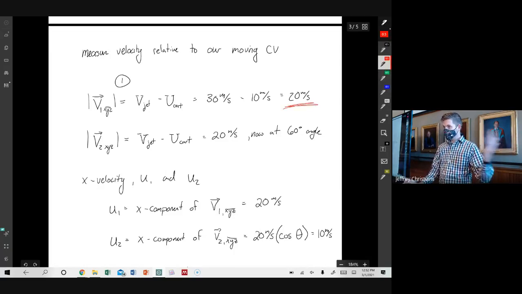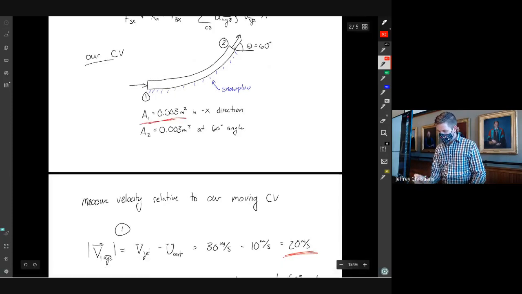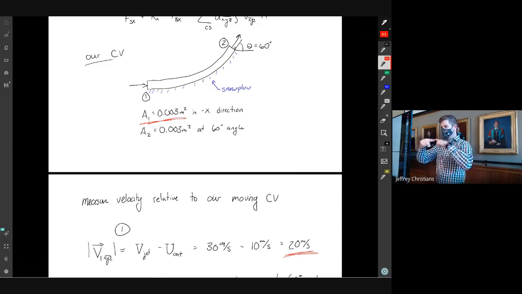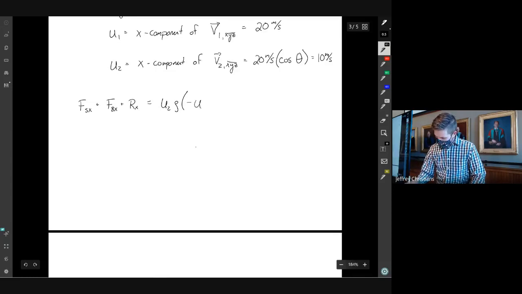That's the speed that's coming in. The area is this, and it's pointing in the negative x direction. So they're both pointing in the i direction in opposite ways. The area is pointing in negative x, the velocity is pointing in positive x. So the dot product is just those two things multiplied, but it's a negative. So, sorry, this should be u1, A1.